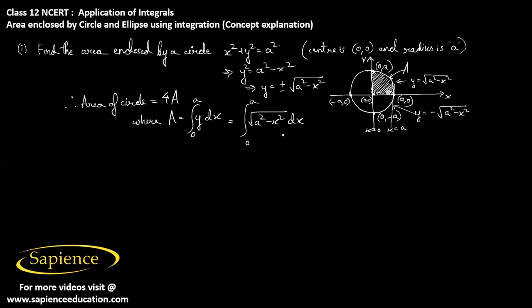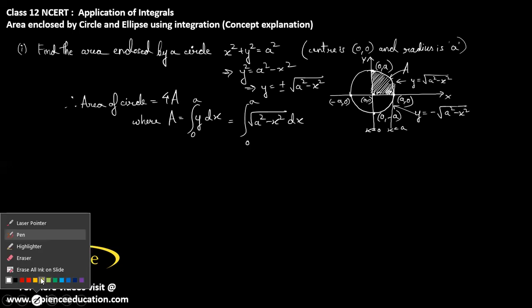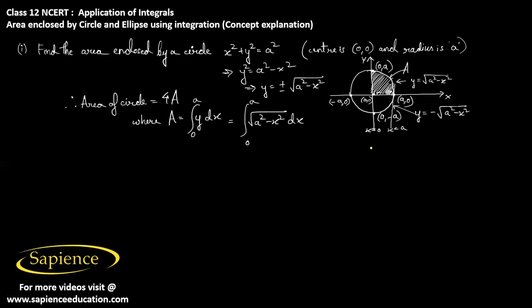So now we know the rule that the integral of square root of a square minus x square dx is given as x by 2 square root of a square minus x square, plus a square by 2 sine inverse x by a, plus c.